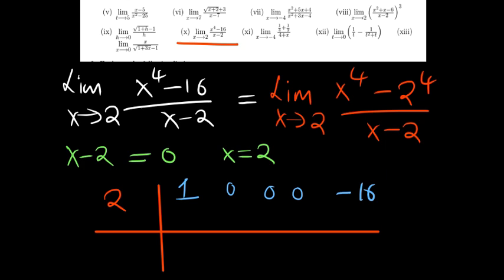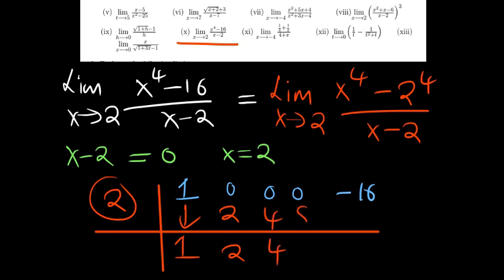For the first one, just put it down, and then you'll be multiplying by the 2. 2 times 1 is a 2, plus 0 is a 2, 2 times 2 is 4, plus 0 is a 4, that's 8, that's now 8, so that's now 16, remainder 0.